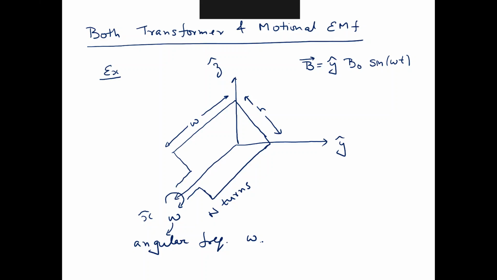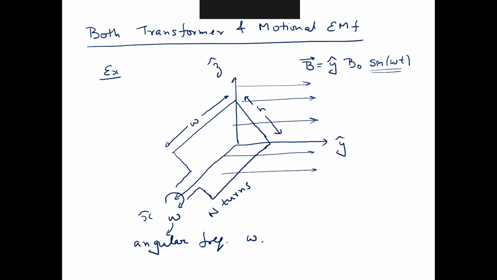Magnetic field B is in the Y direction, and that is also sine omega t. The loop in this magnetic field is centered on the x-axis and rotating about it.